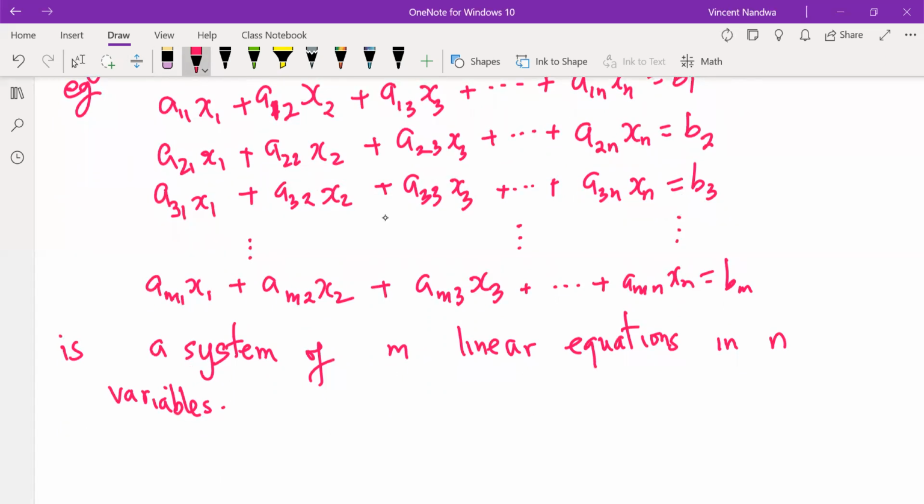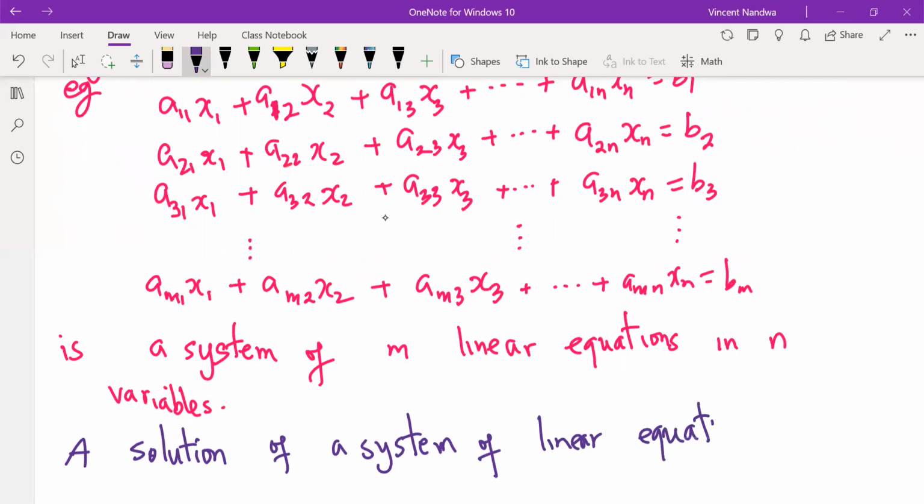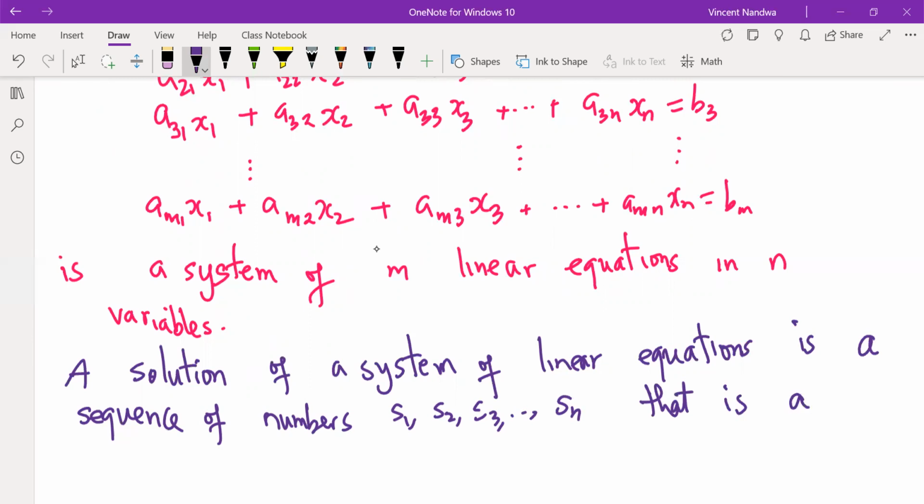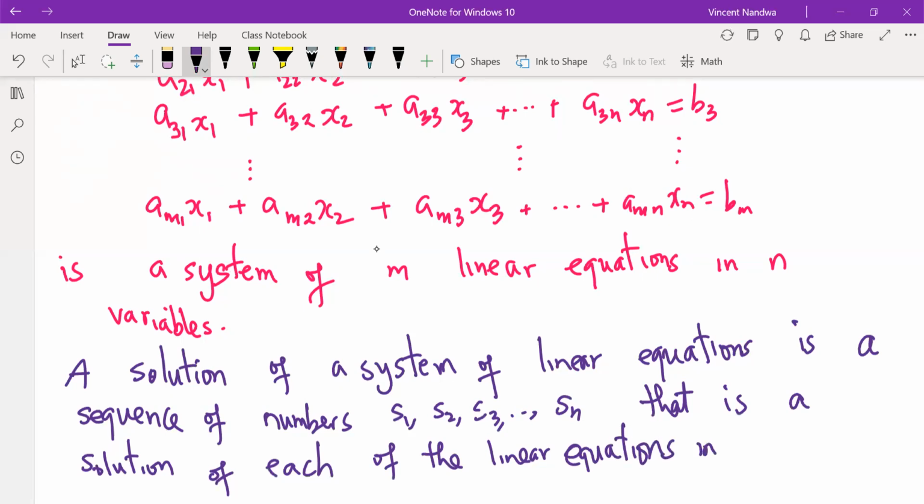And then a solution to this system is a sequence of numbers, s1, s2, s3, all the way up to sn, that satisfy the system, that is a solution of each of the linear equations in the system.